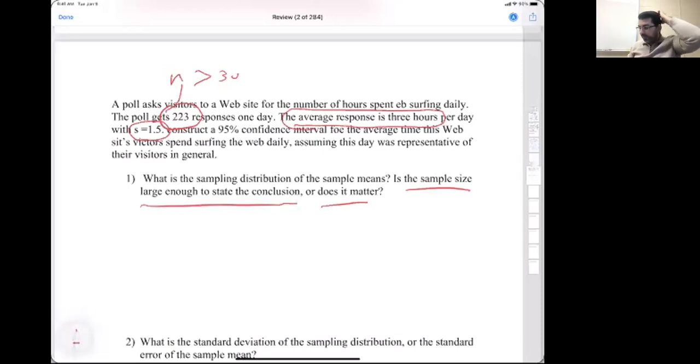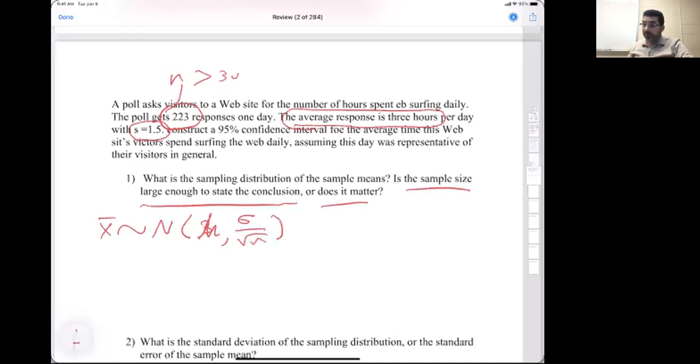In this case, we can say the sampling distribution of the sample mean x bar follows a normal distribution with mean mu, we don't know mu, and standard deviation sigma divided by square root of n.